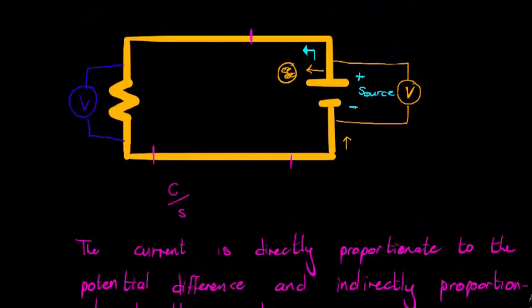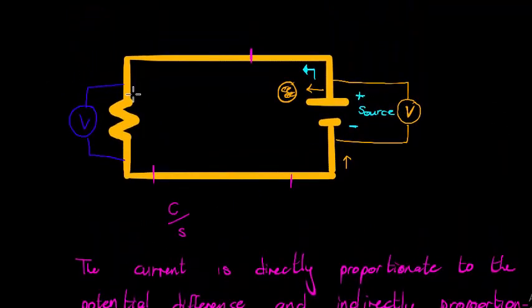Okay, so in other words, if I want to know what the current at this point is, I will literally go and look at the current I is directly proportionate to the voltage and indirectly proportionate to the resistance.